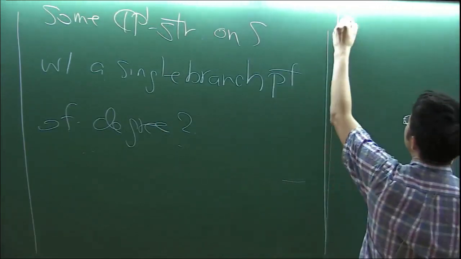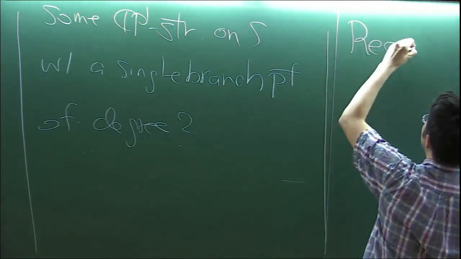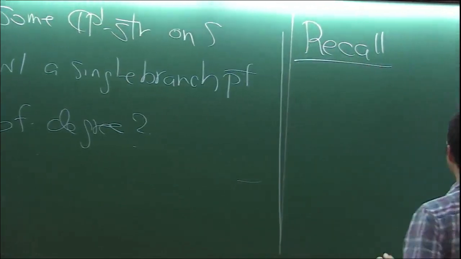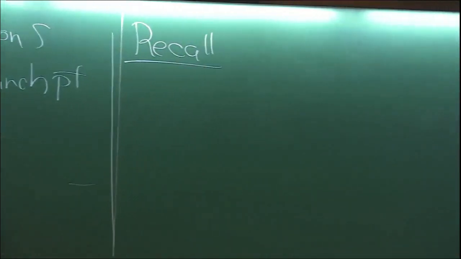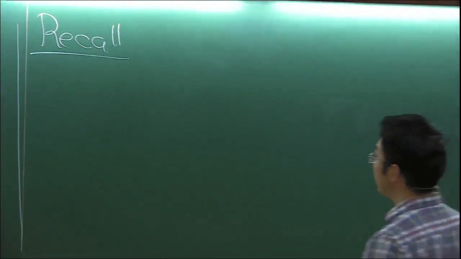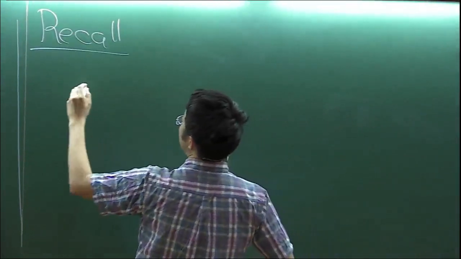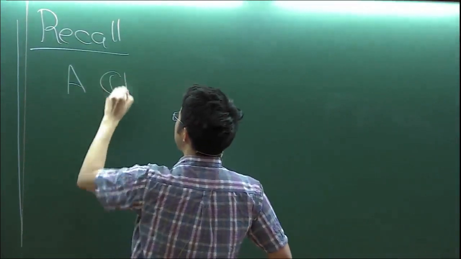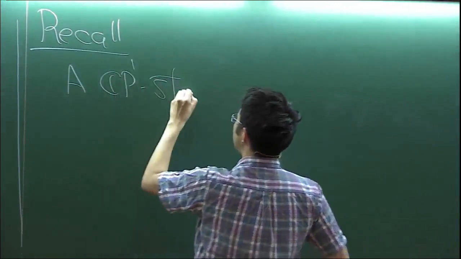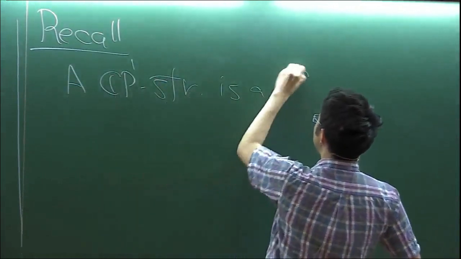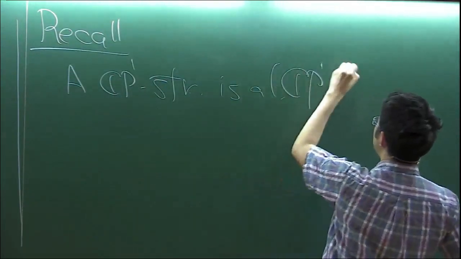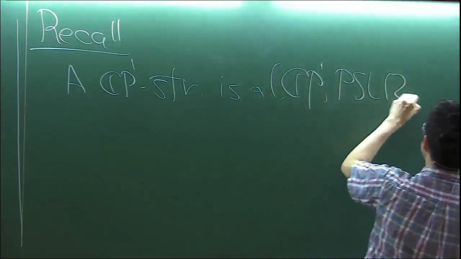So let us quickly recall the definition of a CP1 structure. A CP1 structure is a (CP1, PSL2C) structure.